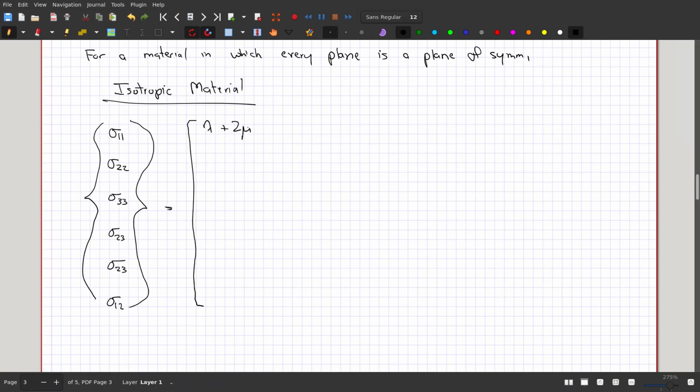Lambda plus 2 mu, lambda, 0, 0. I'll talk about what these lambdas are in a second, lambdas and mu's.